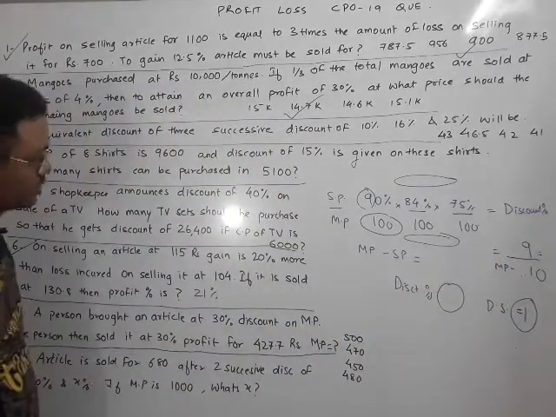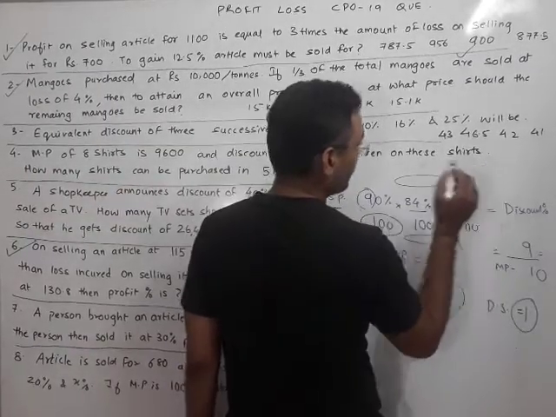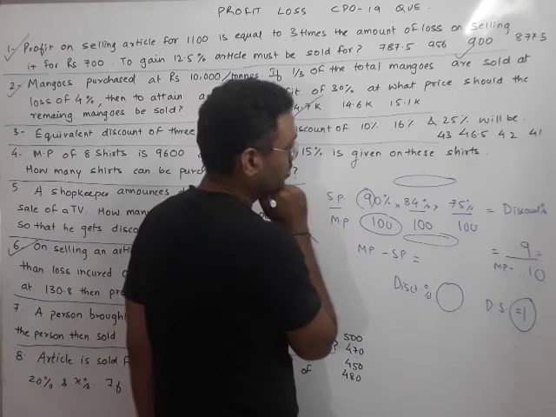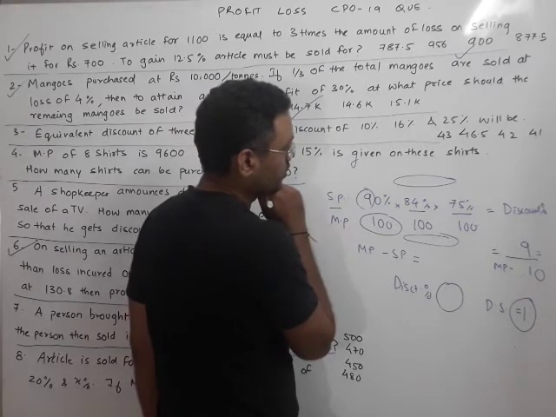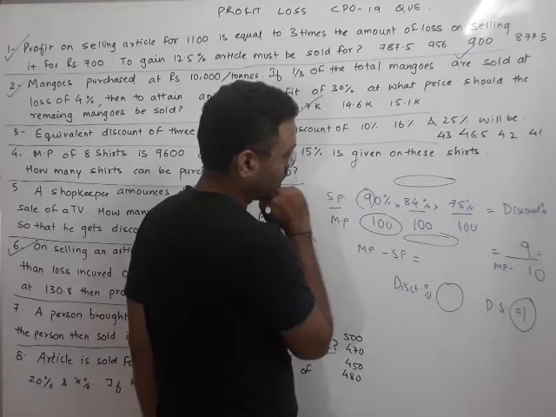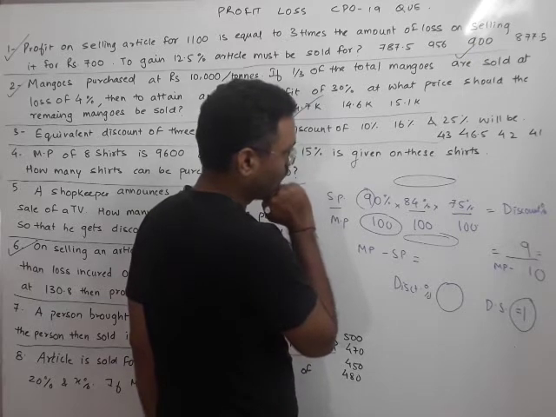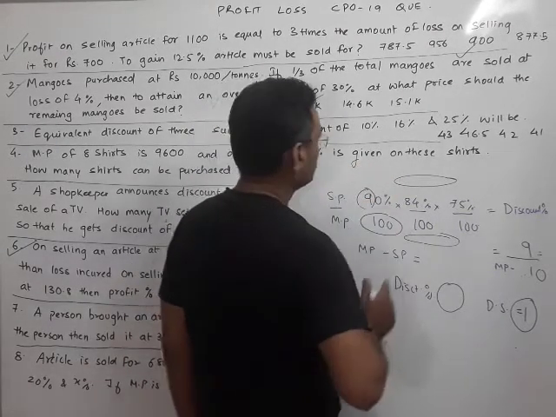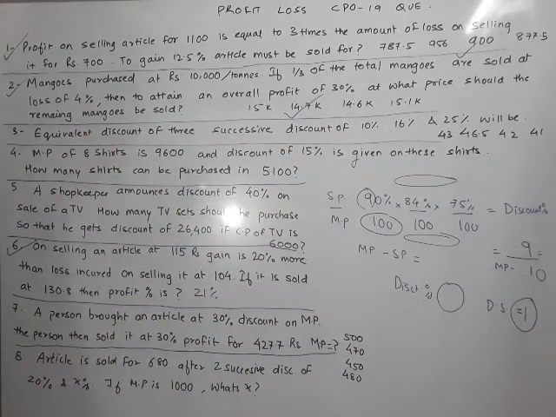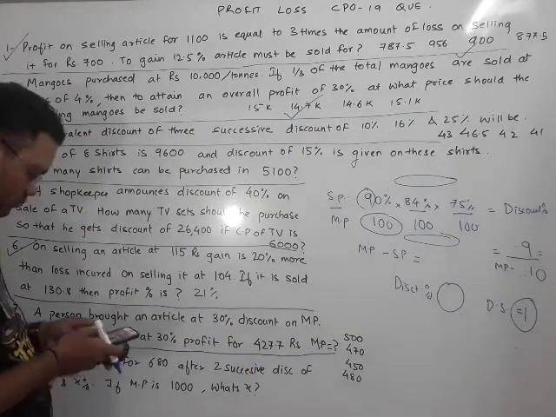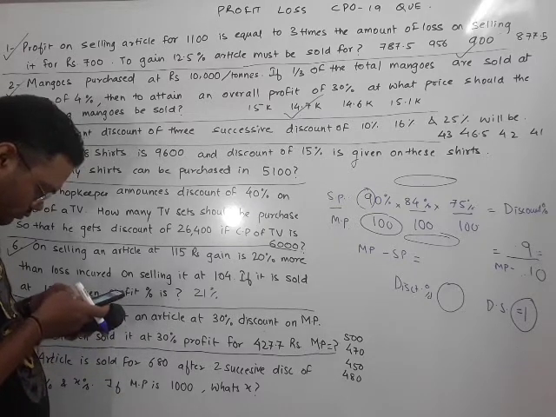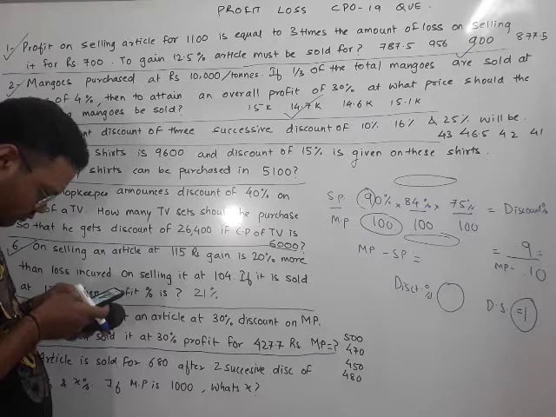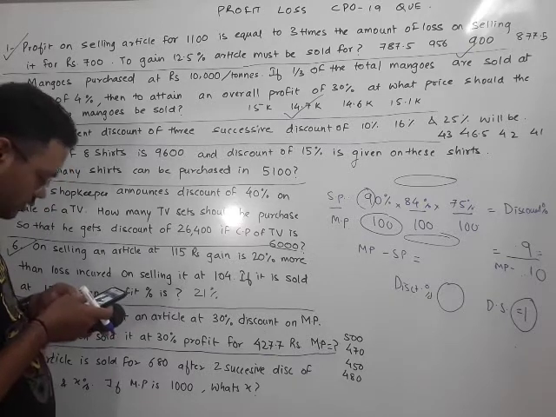Now you check the options, which is giving me DS of 1. I need to check the options. This is question number 3.